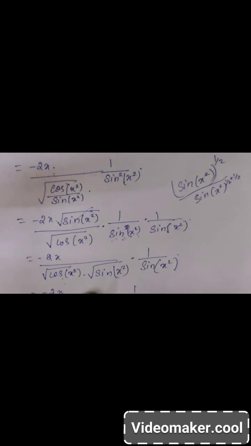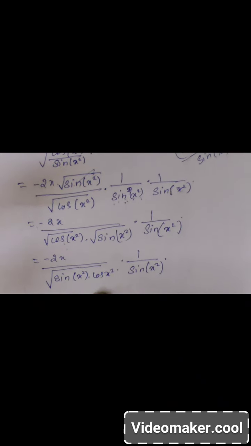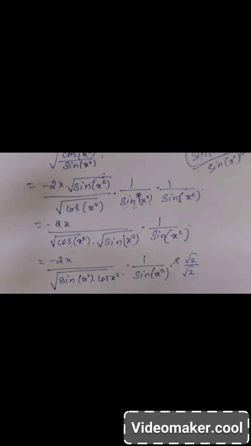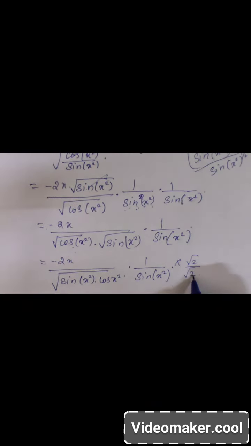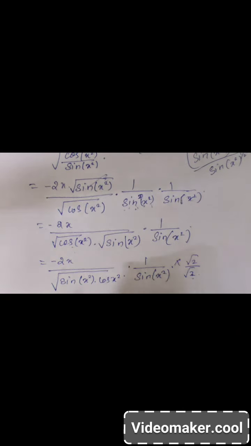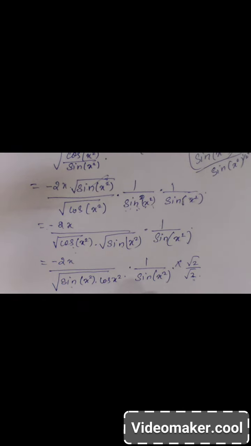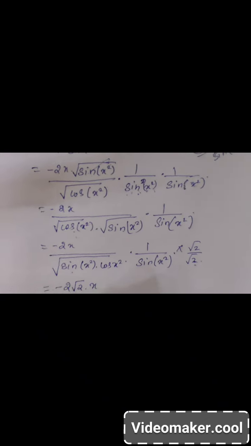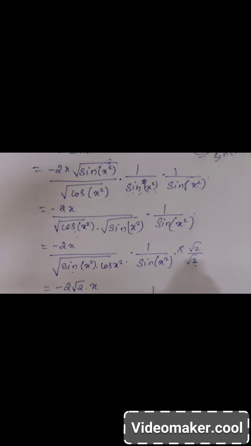So we can multiply and divide this expression with root 2. As a result we will get minus 2 root 2 x divided by square root of 2 into sine of x square and cos of x square, into 1 by sine of x square.